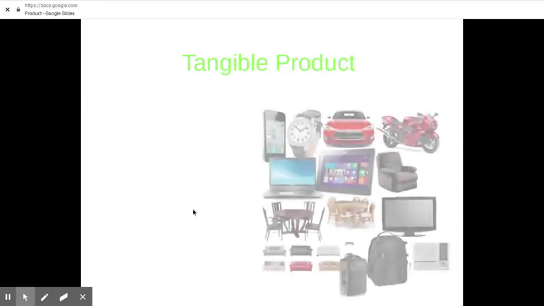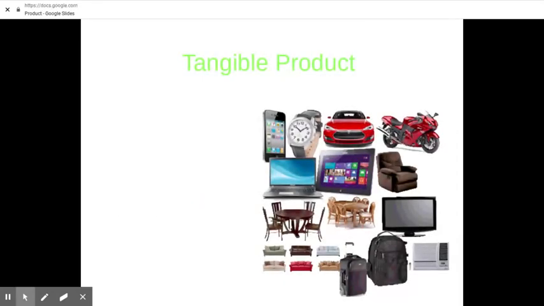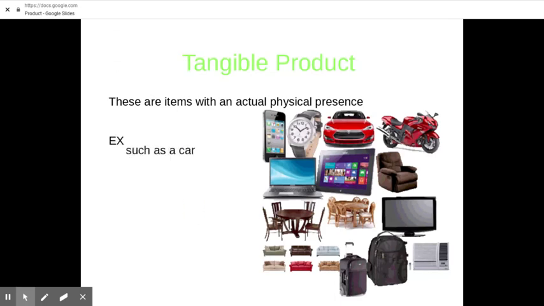So we'll talk about a product that's tangible and a product that's not tangible. So the first things we have are tangible items. So these are items with an actual physical presence. It's something we can touch. So we have some examples.